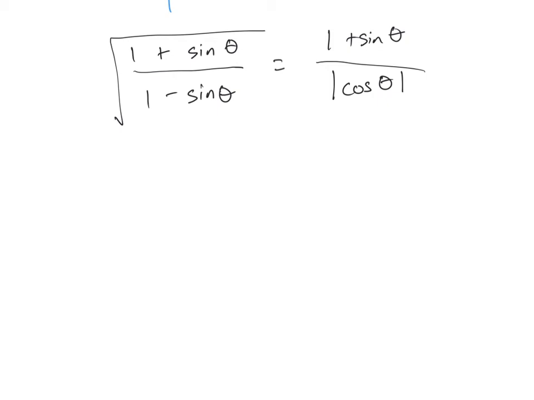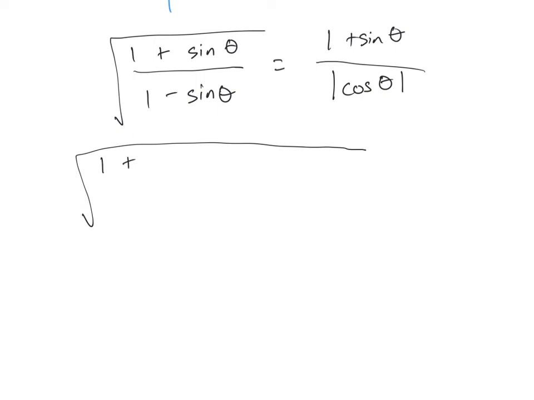I'm going to work with the side with the square root sign, because I feel like I can get that to equal 1 plus sine of theta over the absolute value of cosine of theta more easily than the other way. Both ways are possible. What I'm going to do first is, we cannot just square it. We are going to manipulate whatever's underneath the square root with the tools that we have.